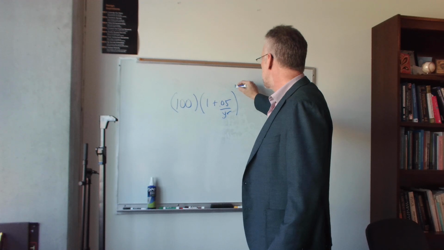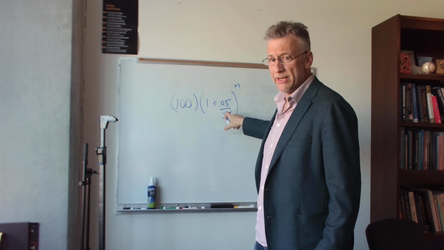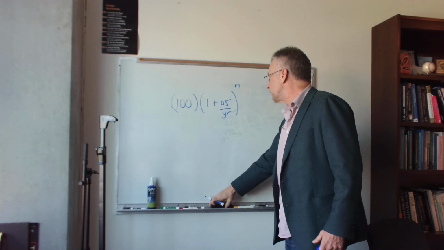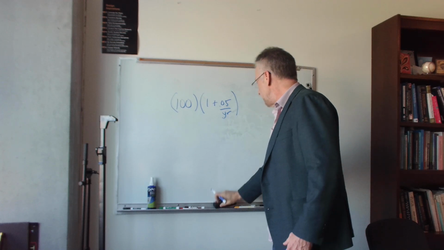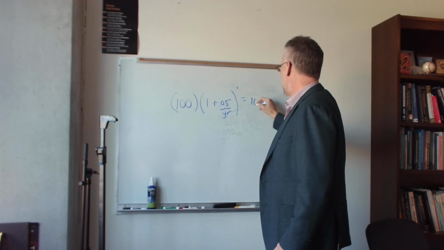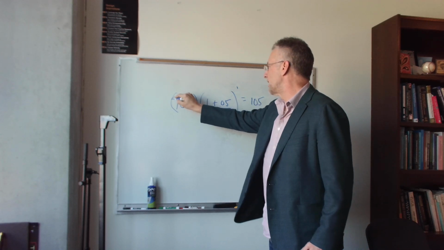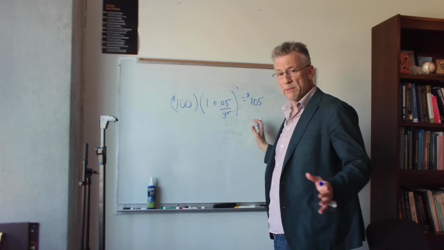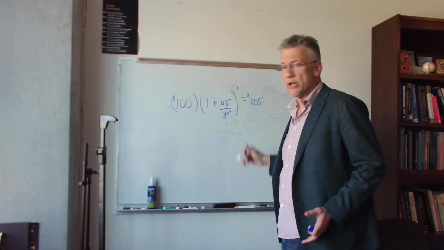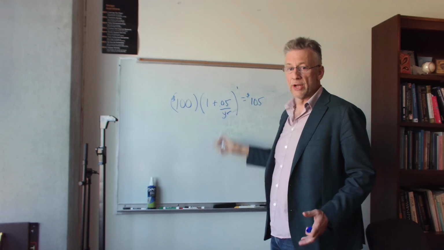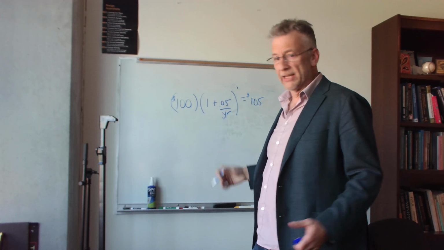N now could be expressed, because the compounding period is a year, as the number of years. 1 year later, you know you're going to have $105. And for most people, this is a straightforward equation. You've spent $5 to use 100 over the length of the year.